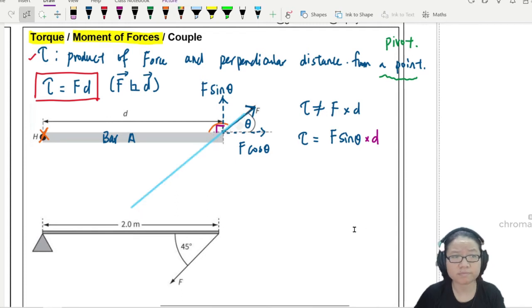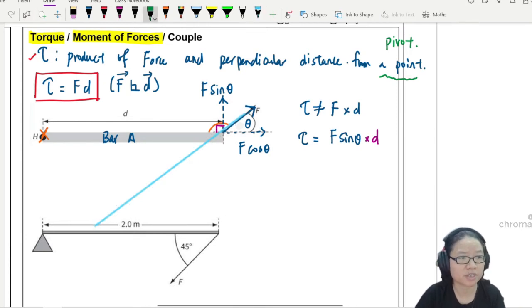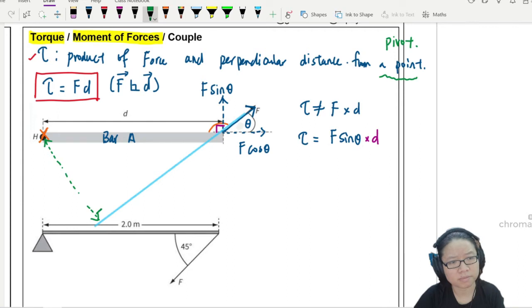And I will build the perpendicular distance from this line of action till the point H. Okay, sorry, I infringe in the bottom diagram a bit. Okay, so I can tell that now the perpendicular distance is actually here. Here to here is my D. Let's say this perpendicular distance, I call it X.